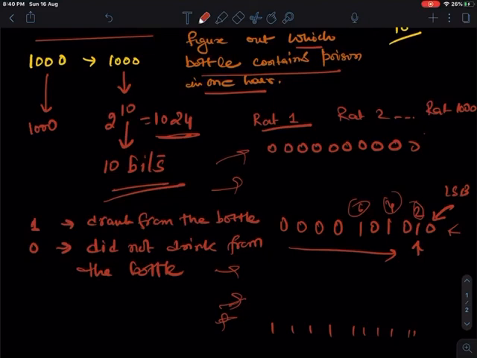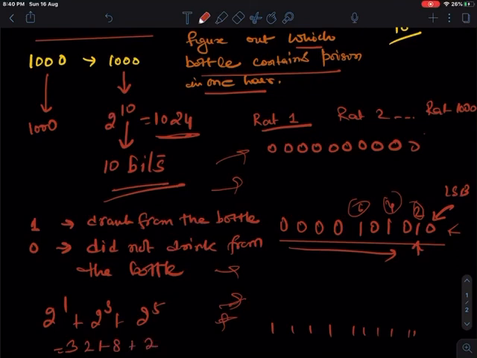And which wine it was, you can find out by just converting this binary into decimal. Going from 2 raised to power 1 plus 2 raised to power 3 plus 2 raised to power 5, it's 2 plus 8 plus 32, which is 42, right?